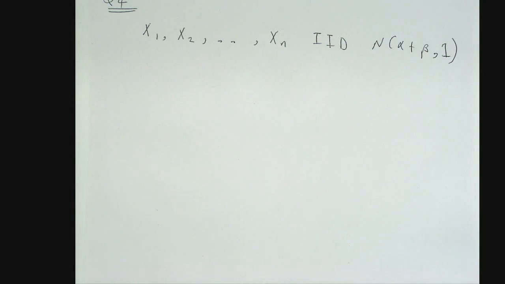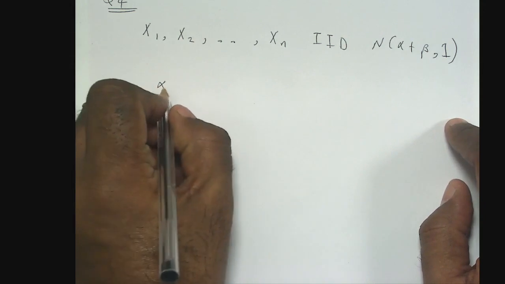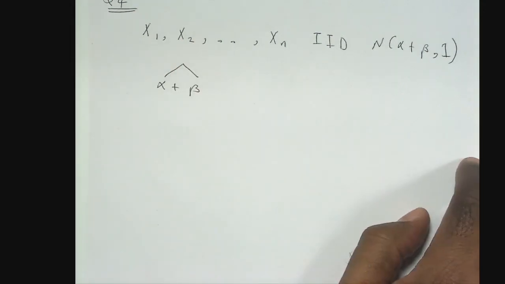Now, if you guys remember what we did in the lectures, if you have a random sample from a normal distribution, then the MLE for the mean parameter is equal to what?